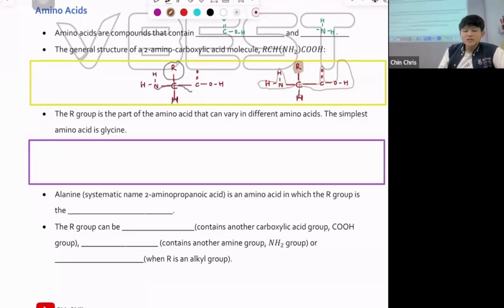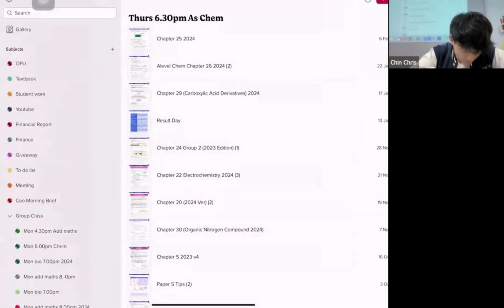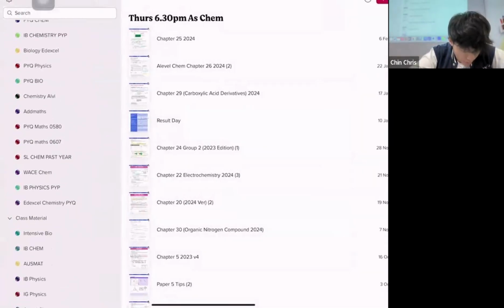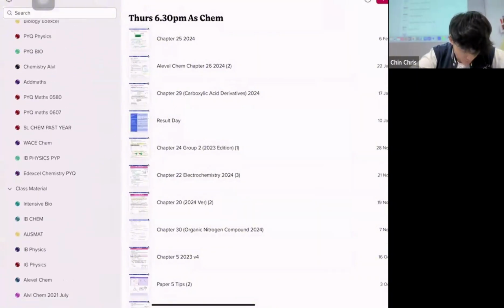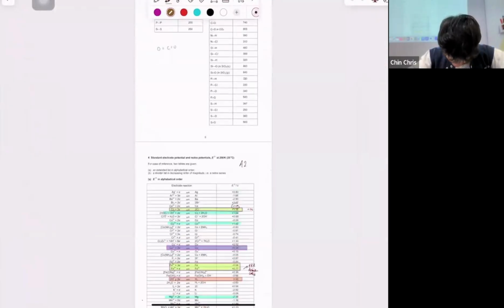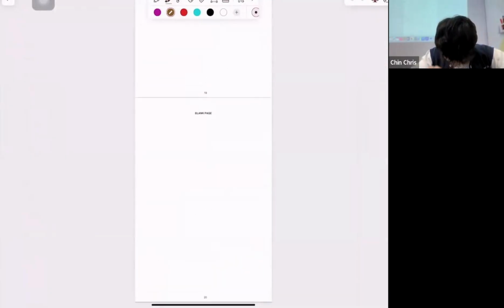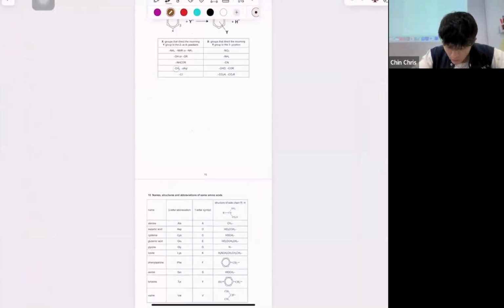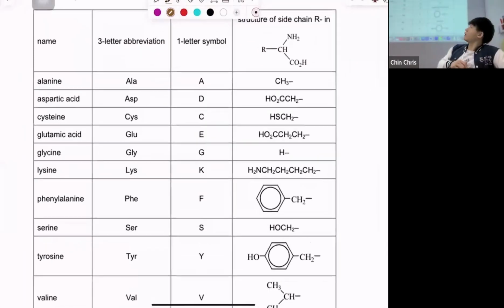Okay, guys, next. The R group is the part of the amino acid that can vary in different amino acids. The simplest amino acid that we have is glycine. If you look at your data booklet, you can open it up. The data booklet has the name of the R group.